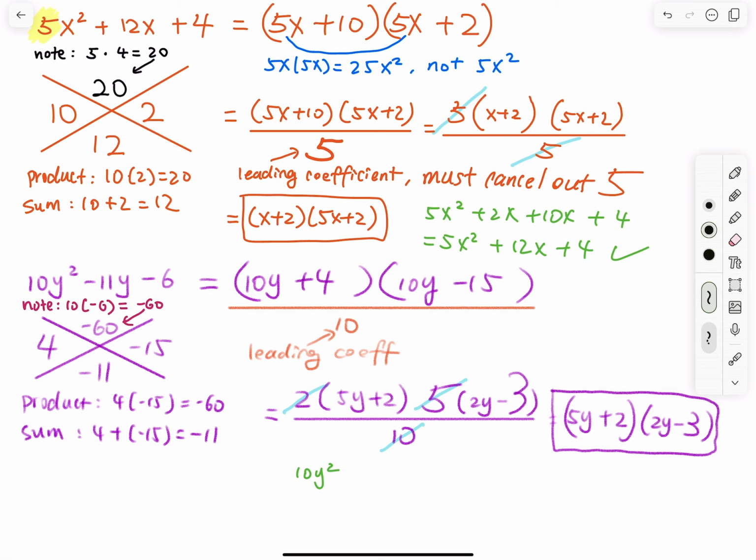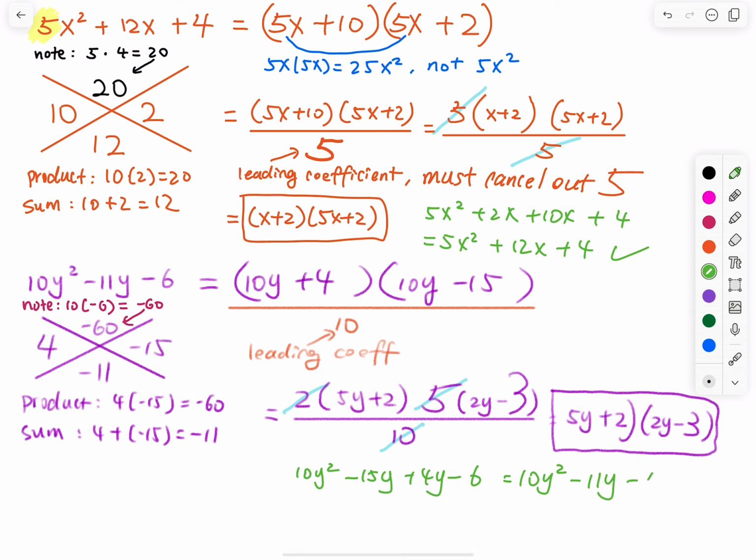So 5y plus 2, 2y minus 3. 5y times 2y is 10y squared, and then minus 15y plus 4y minus 6. Okay, then this is 10y squared minus 11y minus 6. I'm glad that I checked my work. Okay, 5y plus 2, 2y minus 3, that is the final answer.